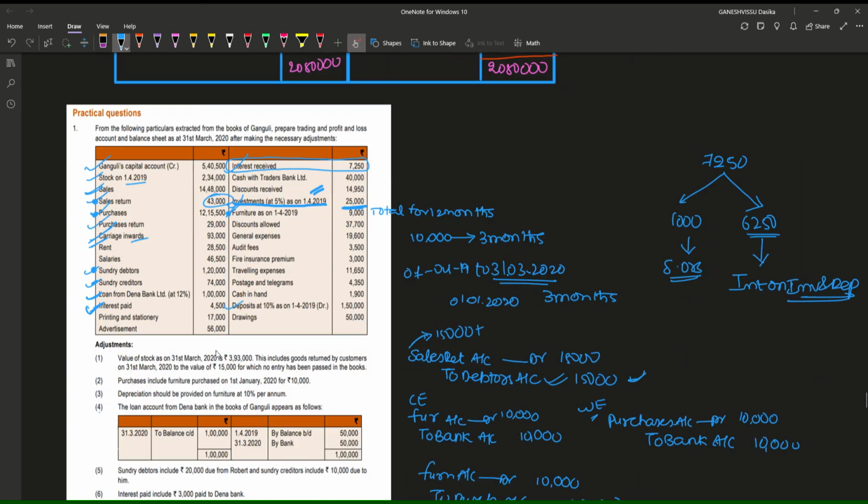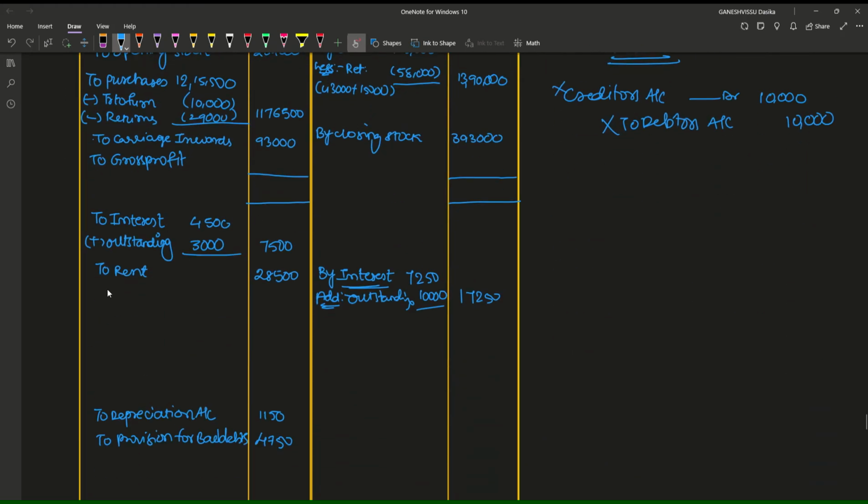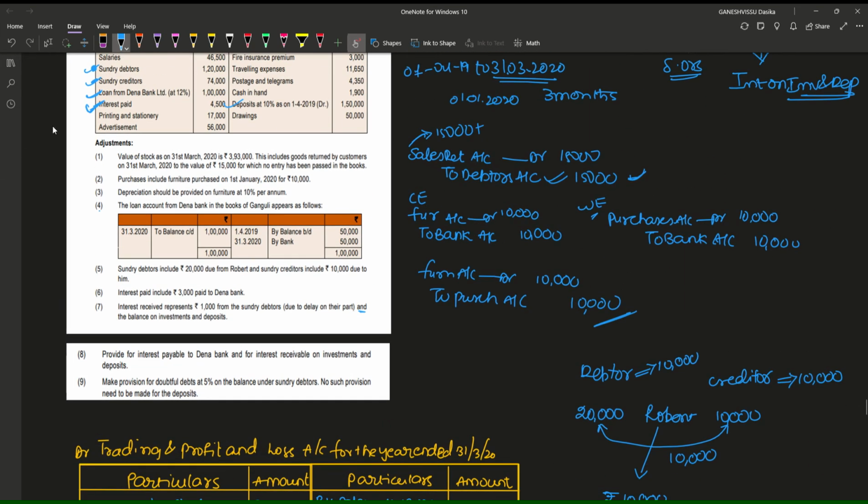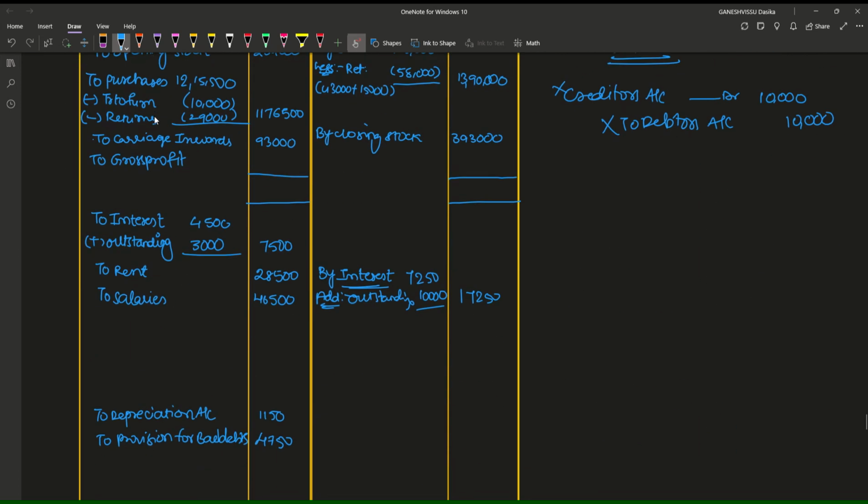Salary is 46,500. To salary 46,500. Next, we have completed the salaries also. Now we are having printing and stationery 17,000.